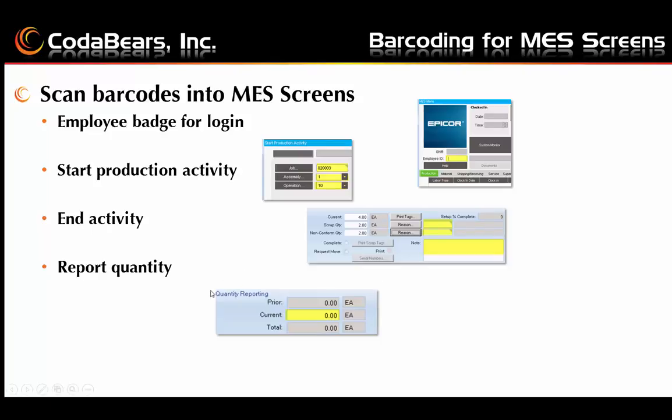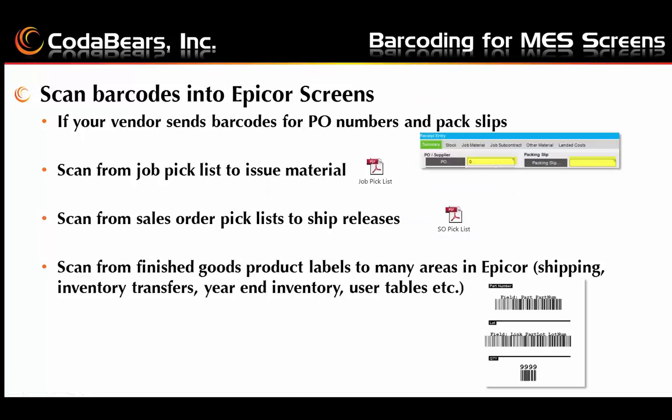And the same option is available for reporting quantity in MES. Again, you could have it barcoded, or you could choose not to have it barcoded if you wish. So that was the MES screens in Epicor that are some of the common ones that barcoding are used for.